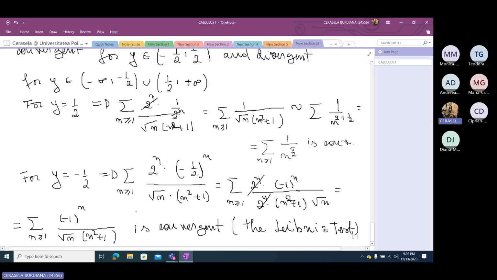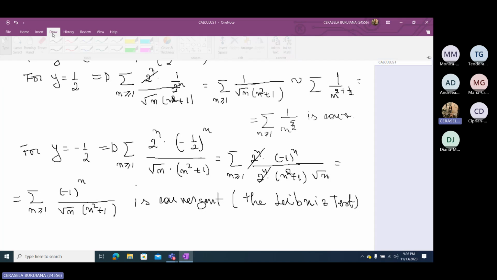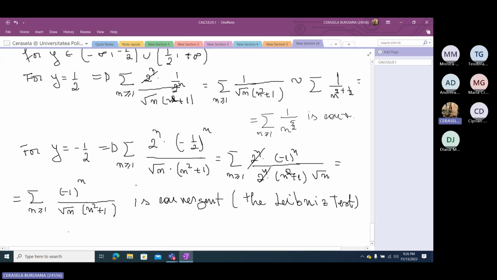So in the end, I remark that, by concluding, in 1 over 2 it was convergent, in minus 1 over 2 it's convergent too. On the open interval minus 1 over 2, 1 over 2 it is convergent, good. So in conclusion, y is in the closed interval minus 1 over 2, 1 over 2. But I don't need y. Now is the moment to remember that we need the value of x, and y was x plus 2.